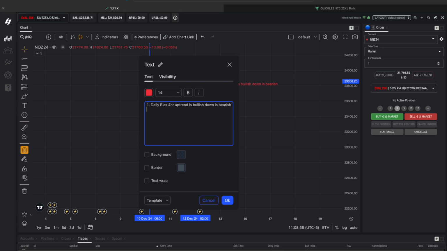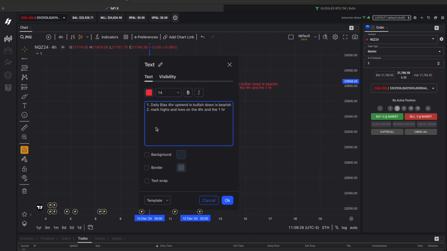And then I go into the 1 hour and see if the bias is similar, but I don't really do anything off of that. I just kind of see where it likes to go. But the next real thing I do is mark out highs and lows on the 4 hour and the 1 hour.